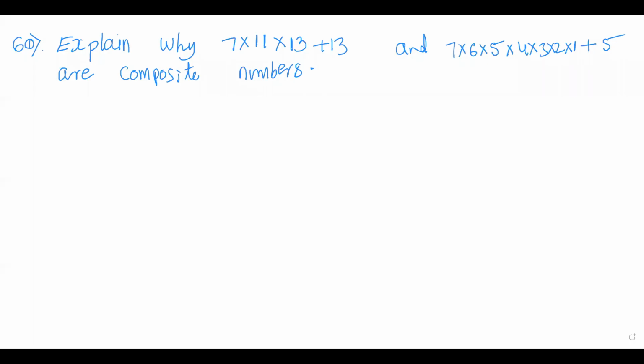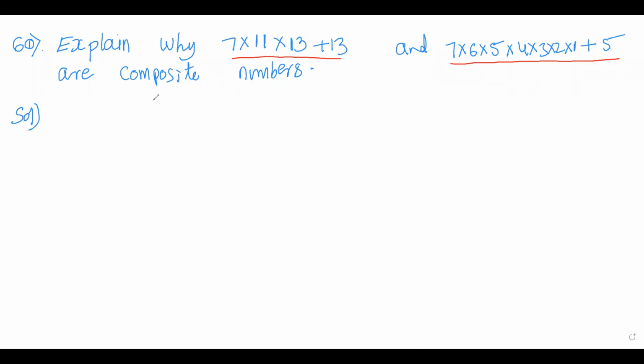Look carefully, focus. First of all, this is a separate problem and this is again a separate problem. So we have two questions in this. You can't combine these two. These two are not one, they are different.